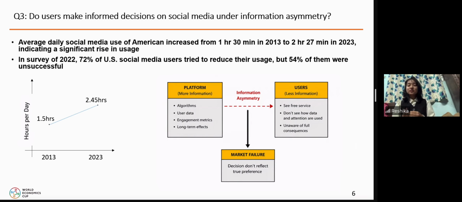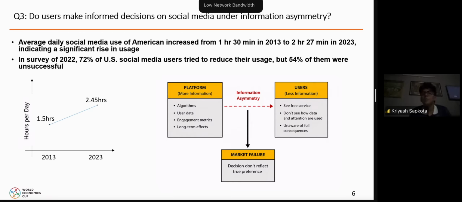In social media, the platform knows more information about users while users don't know how their information is used. Yes, there is information asymmetry, so the decisions of users do not reflect their true preference.